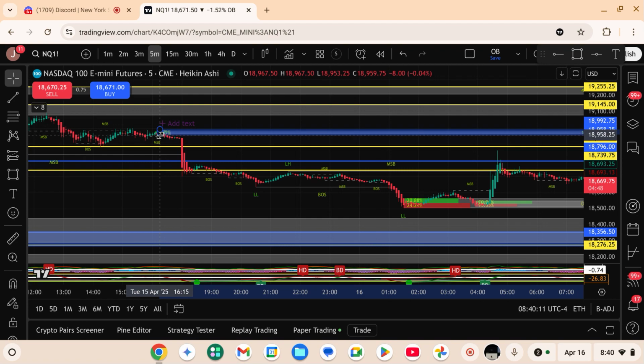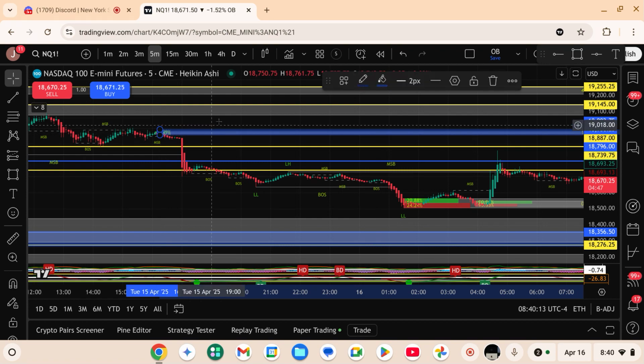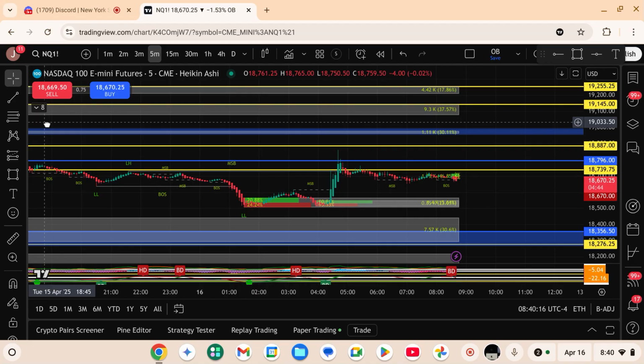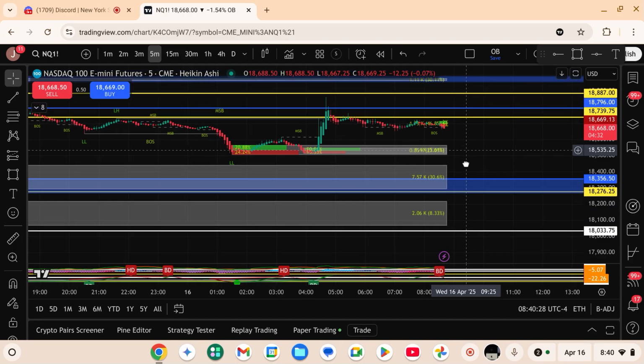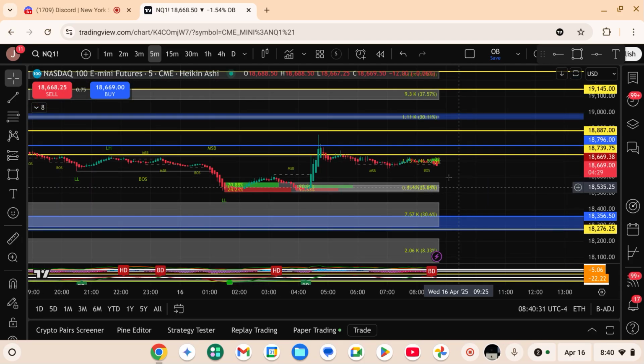So right about there. To get a sniper entry, we want to enter right here. And then, like right here, we'll enter here for shorts. To get little to no drawdown, we'll enter around here.